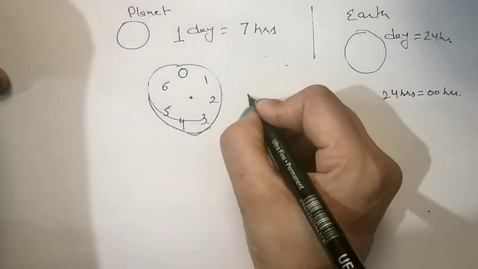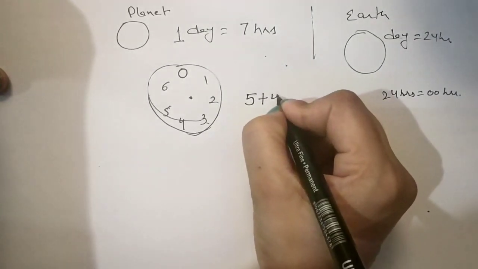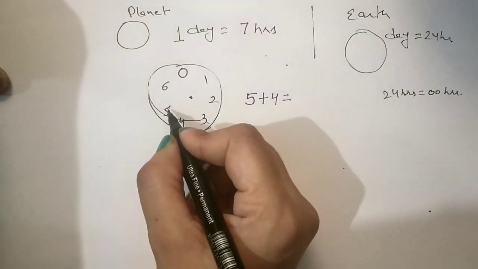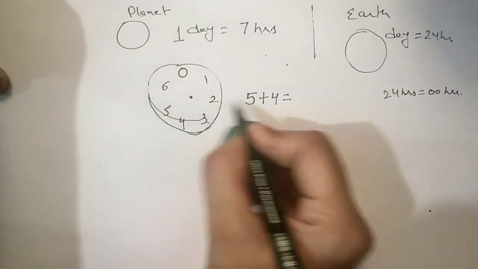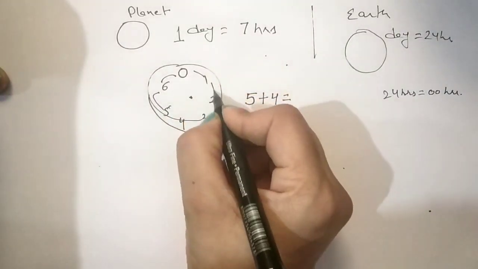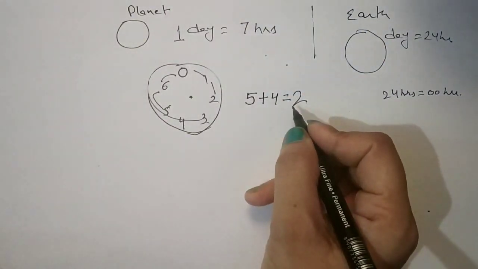Now if we have started some work at 5 o'clock, after 4 hours, what will be the time? After 5 we have to count 4: 1, 2, 3, 4. So what will be the answer? It will be 2 o'clock. So 5 plus 4 is 2.